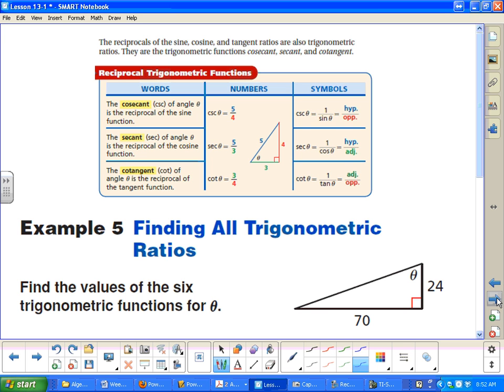So you can see that the lettering they use, cosecant, is CSC, and that's the reciprocal of sine, so 1 over sine. So where sine is opposite over hypotenuse, cosecant is hypotenuse over opposite.